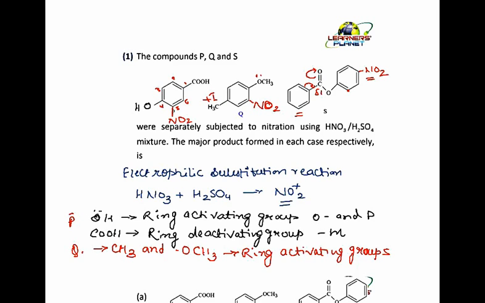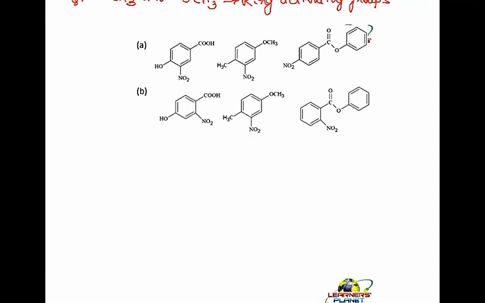This is an ester, right? Now let's see which option is correct. Do we have it here? NO2 is here, but NO2 substitution has to take place at this position, right? So this is wrong. In this case, no, this is also wrong. Let's see the C option. The NO2 is here, the NO2 is here and here. So our right option is C.